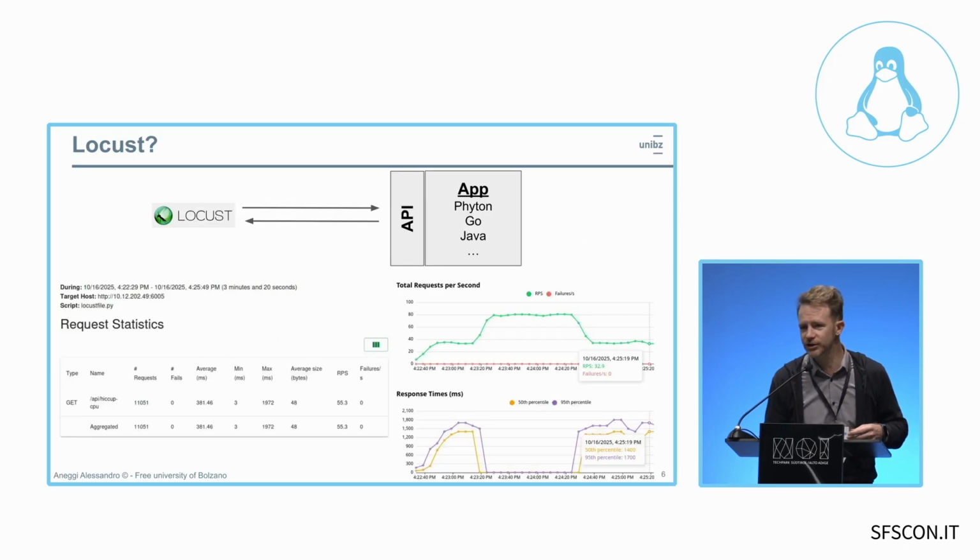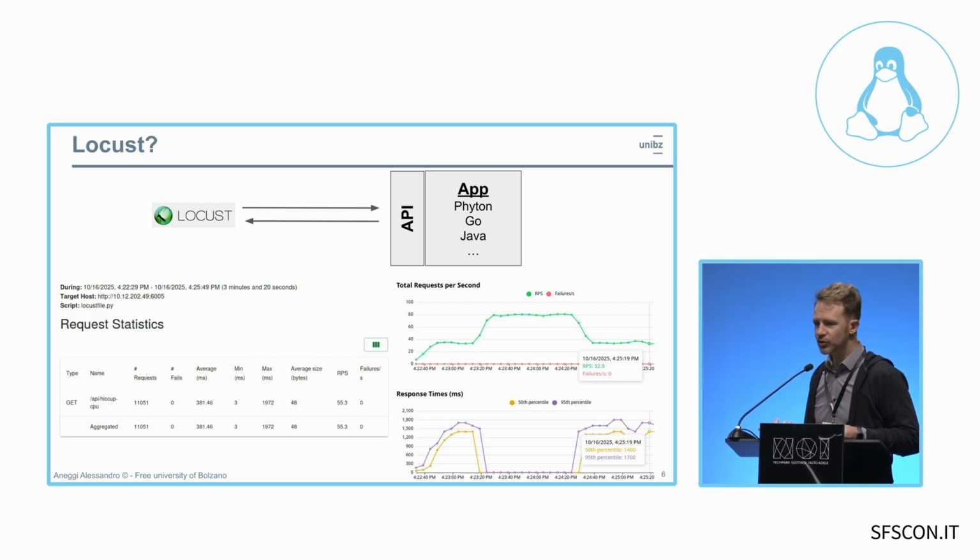So Locust is a tool that makes a stress test on an API. On the lower part here, we can see the response time, which is an important metric for this kind of system.